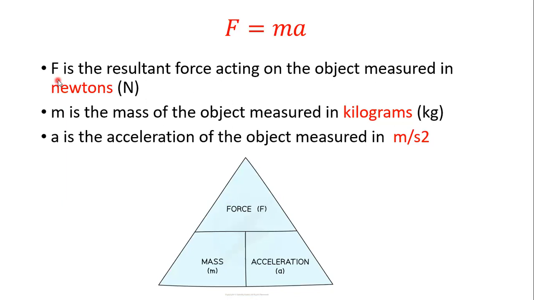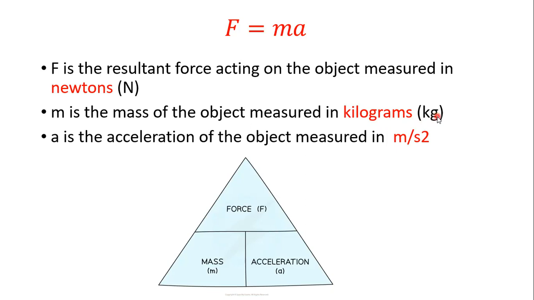So F is the resultant force acting on the object, and it is measured in newtons. We need to be very careful that F is measured in newtons. Then we have m, the mass of the object, measured in kilograms.